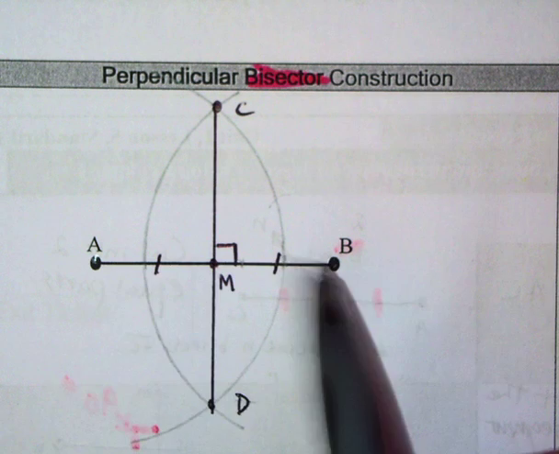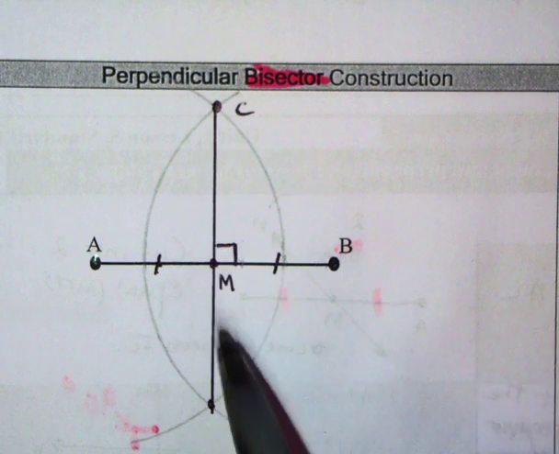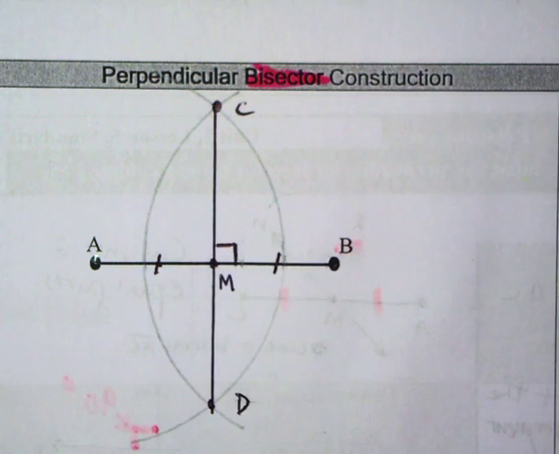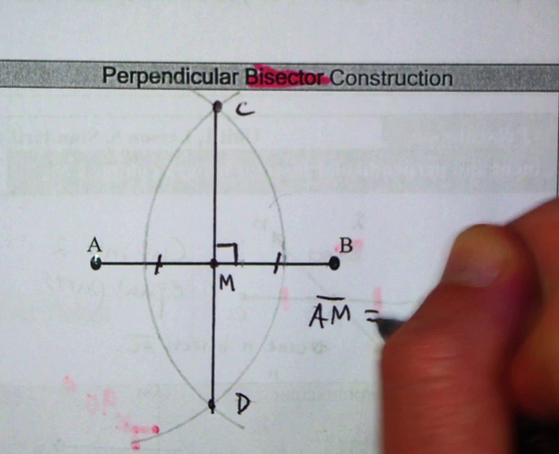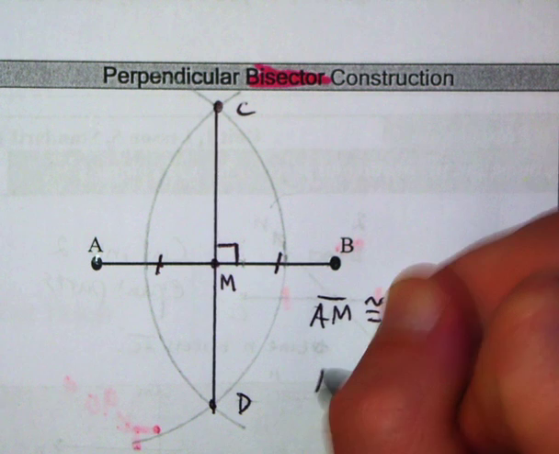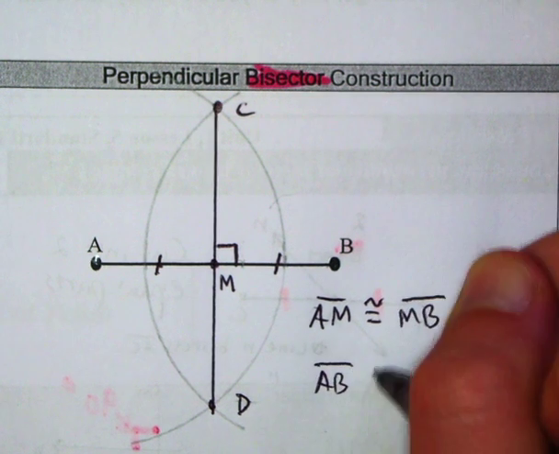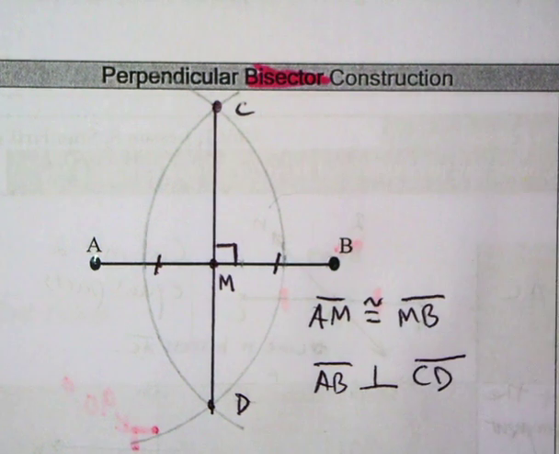So I bisected segment AB into 2 congruent segments, and this segment and this segment are now perpendicular. The statement I might make: segment AM is congruent to segment MB, and segment AB is perpendicular to segment CD. You go ahead and try that one a bunch of times.